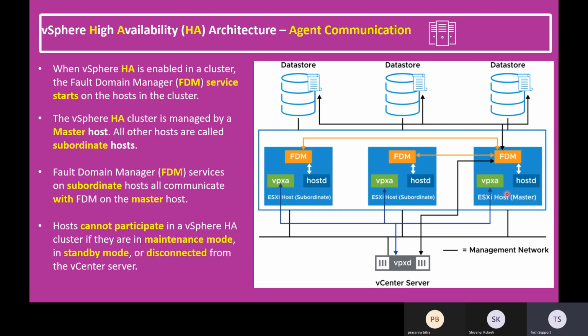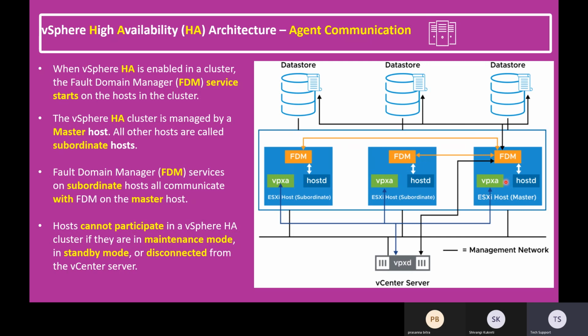Okay, so always the master will take the decision whenever any ESXi host is down, and the master will immediately migrate and restart the virtual machines on another host. But this agent communication is sent every 15 seconds. For example, let's talk about ESX1. Say ESX1 is unable to send the communication to the other ESXi hosts within 15 seconds, and the master host will wait for another 15 seconds.